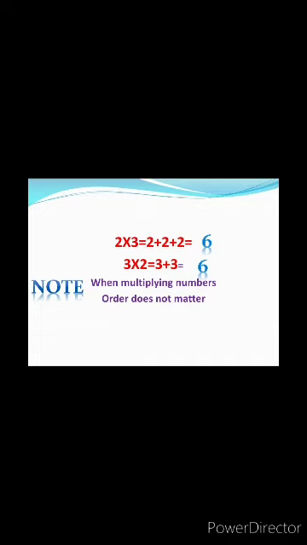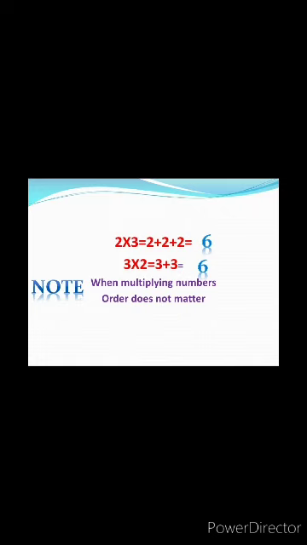If I place 2 on the left hand side and 3 on the right hand side, the product will be 6. But if I place 3 on the left hand side and 2 on the right hand side, what will be the product? Will the product change? No, the product will be the same. That means order does not matter in multiplication. Whether 2 3s are 6 or 3 2s are 6, the product will be the same. So whenever we multiply numbers, the order does not matter. This is the second property of multiplication.